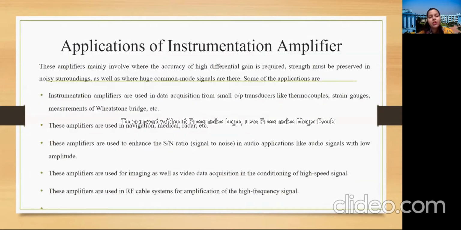Now, what are the applications of the instrumentation amplifier? Where do we use this type of amplifier?